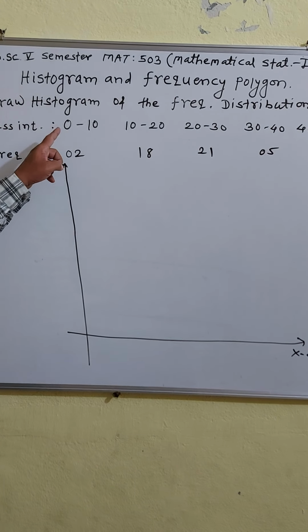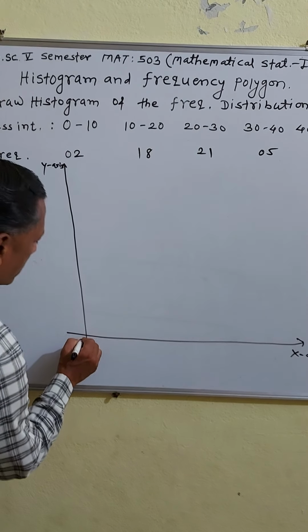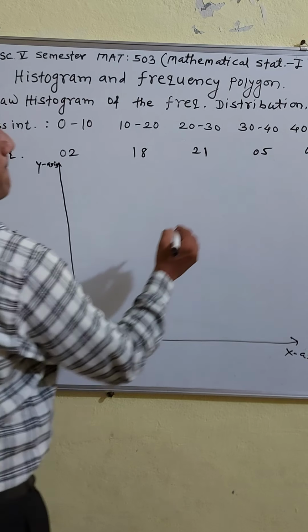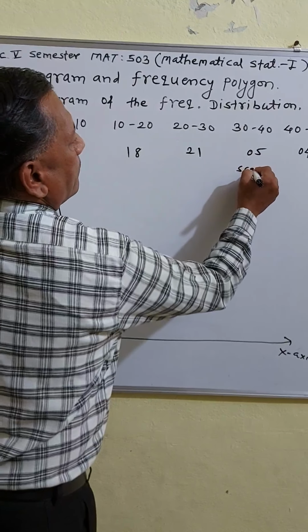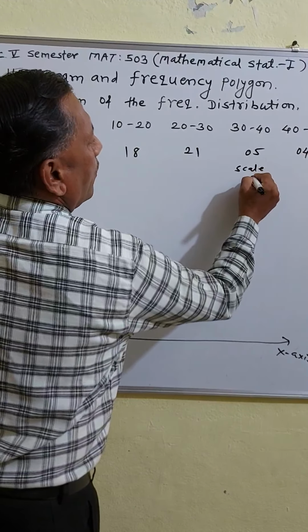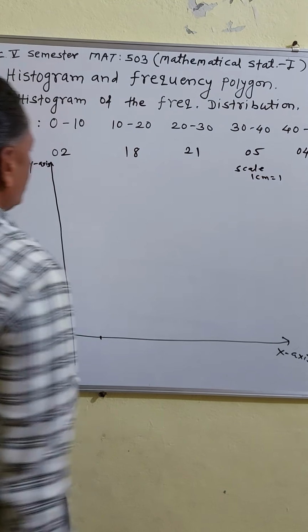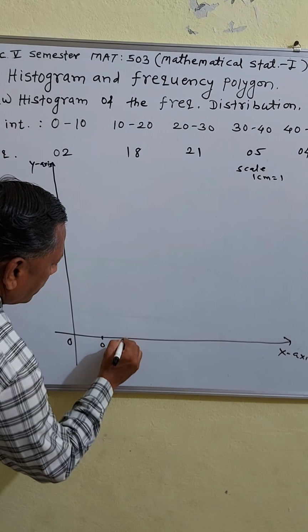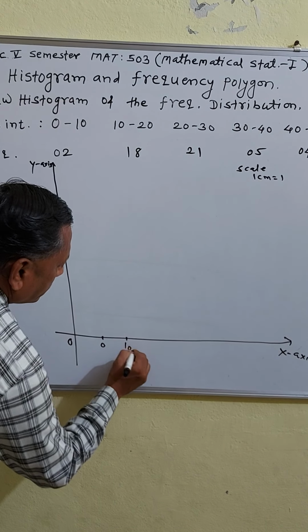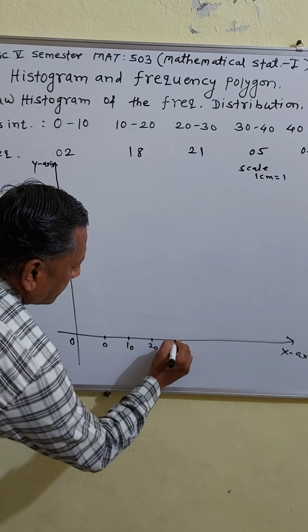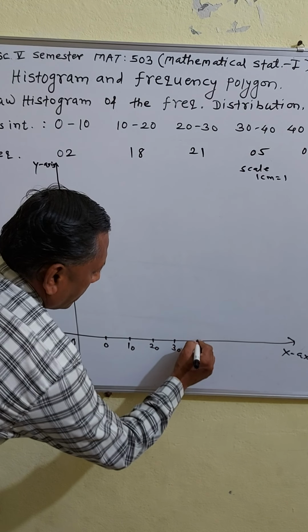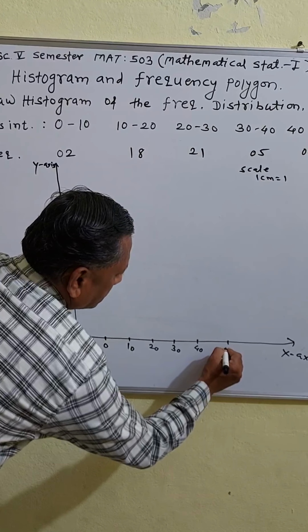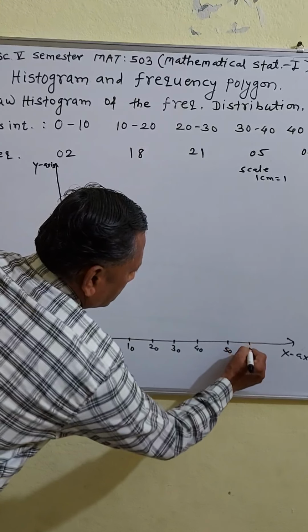Here your class interval starts from 0 to 10, so you take the scale 1 centimeter is equal to 1, suppose. Here 0, then 10, 20, 30, 40 and 50.